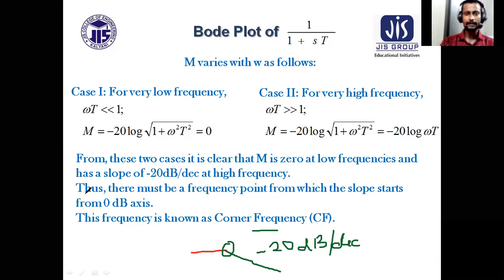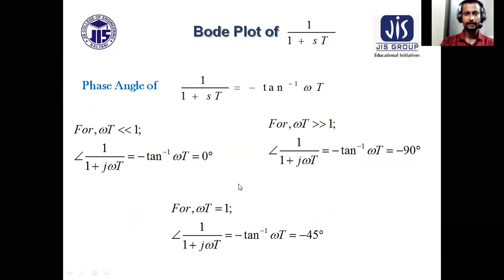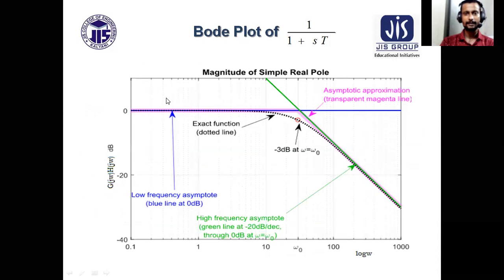So what we have written here: there must be a frequency point from which the slope starts from the 0 dB axis. From this 0 dB axis, the slope is changed to minus 20 dB per decade at a certain frequency, which is known as corner frequency. Let us discuss this with the help of a diagram.